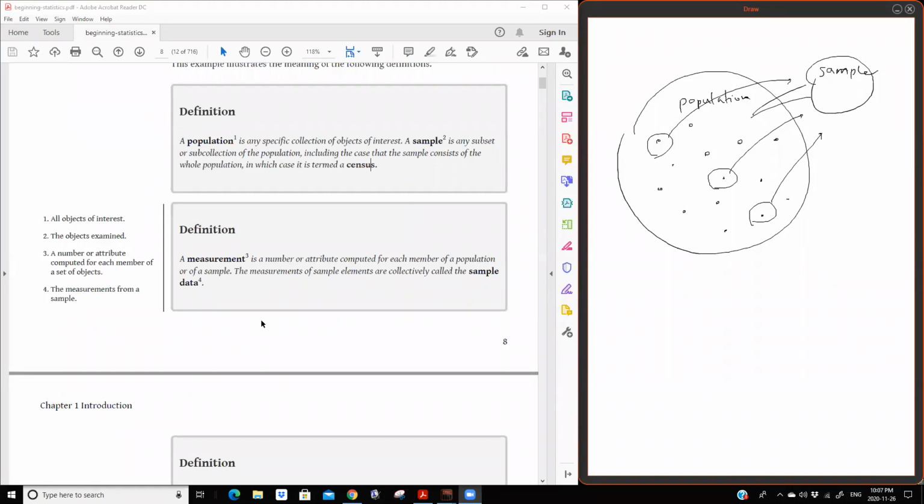Imagine if it's an animal, you may be interested in the weight of an adult animal of this sort. If it's a population of cars, you may be interested in the price of the cars in your population. So these are called measurements. It's a certain feature that you want to study about your population.